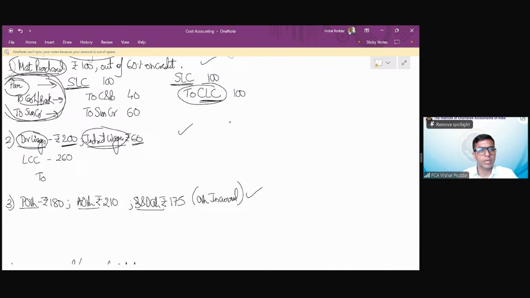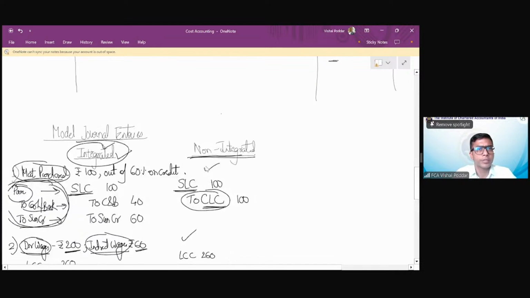And credit would be cash bank 260. Same, here it would be labor cost control debit 260, and credit would be to CLC 260. Right, students? So again, postings.